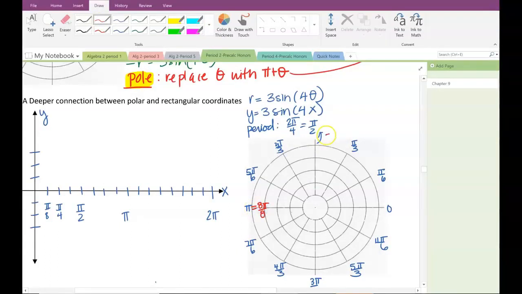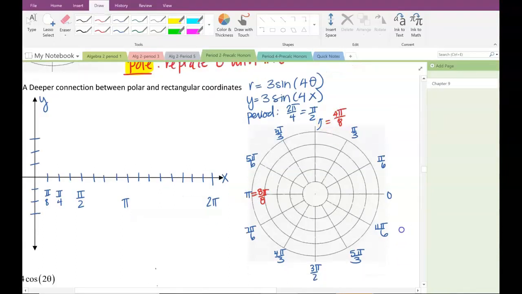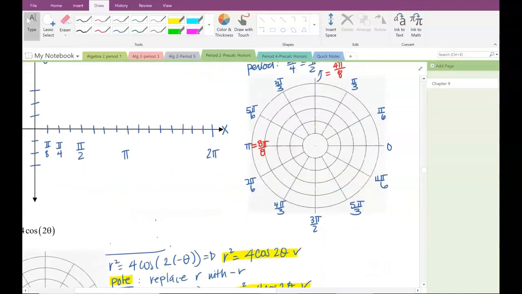It's easier. And this is going to be 4 pi over 8, just like that. And then this is 8 multiplied by 4, so 12 pi over 8. And if it's 2 pi over 8, it's 2 pi, so that's going to be 16 pi over 8.